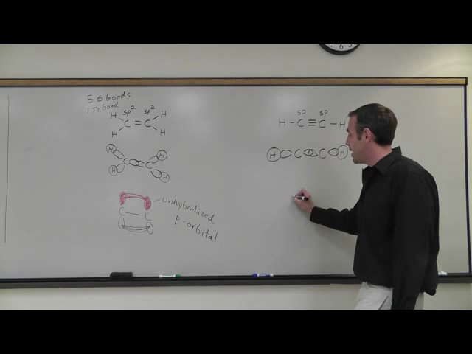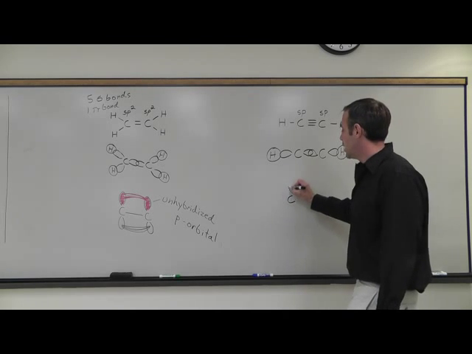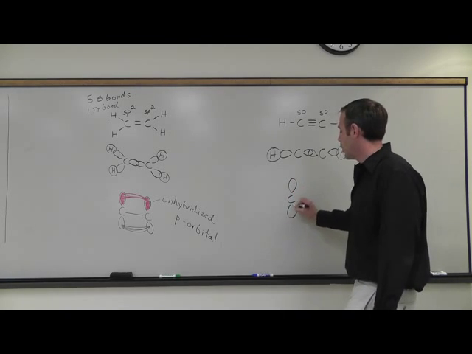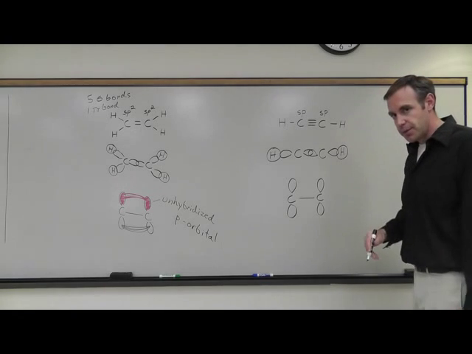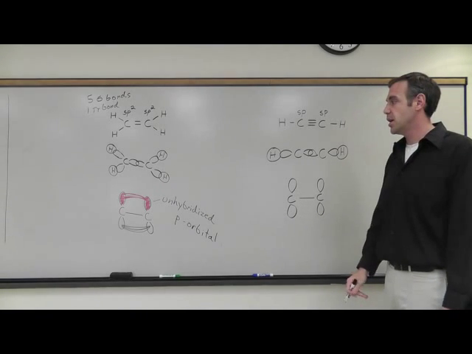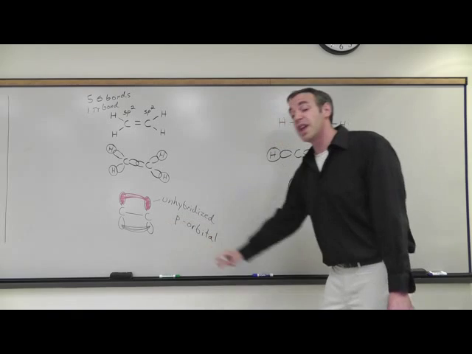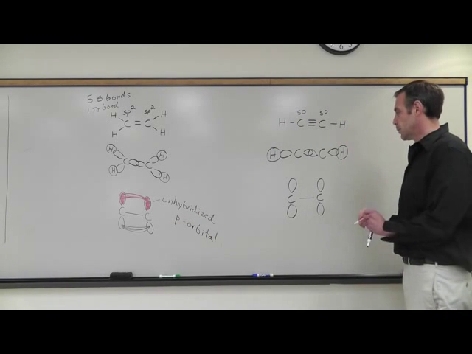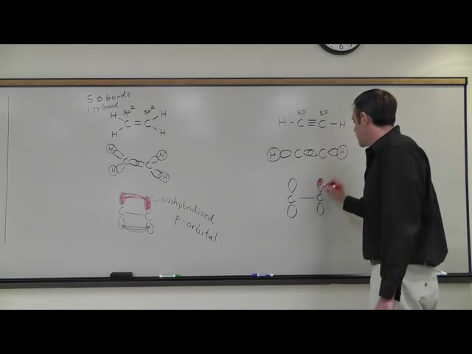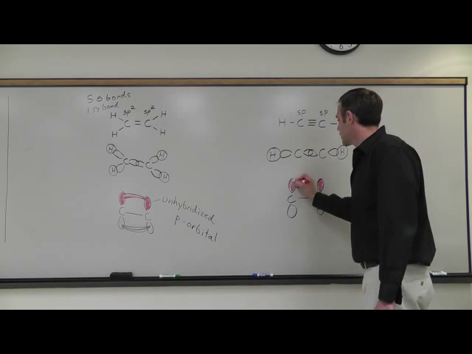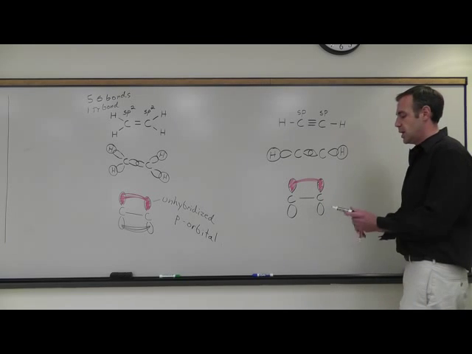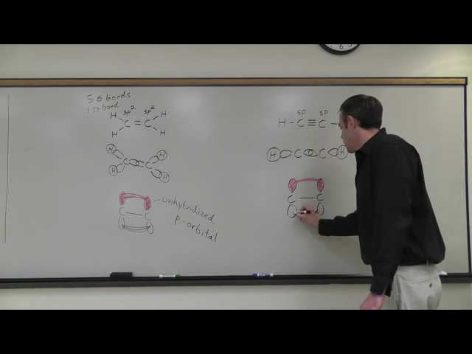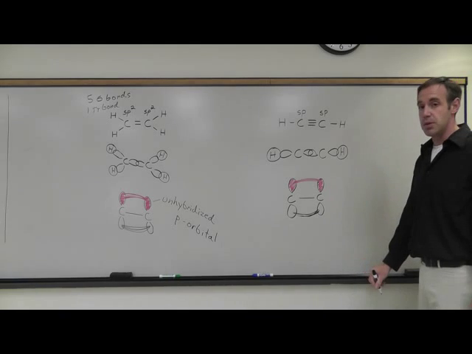If we want to look at the pi bonding network, again, we can start off with a very similar drawing as we did over here with ethene. In this instance, we have 1 pi bond resulting from an unhybridized p orbital.